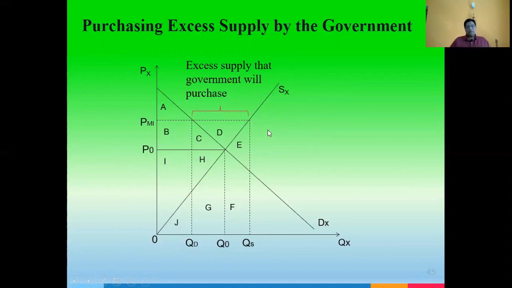By using this information, we can easily estimate the social cost of this policy package, that is minimum price with government purchase.